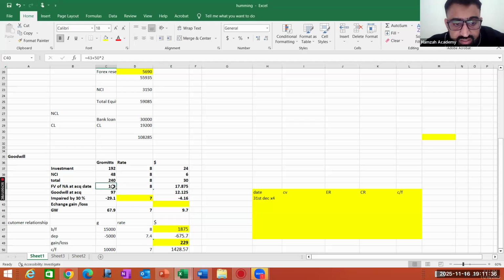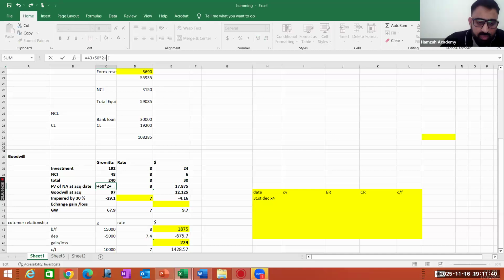But just a minute, one more thing which we need to consider here is the 15,000 fair value adjustment. That needs to be considered here. So 15,000, we are taking in 30 common.